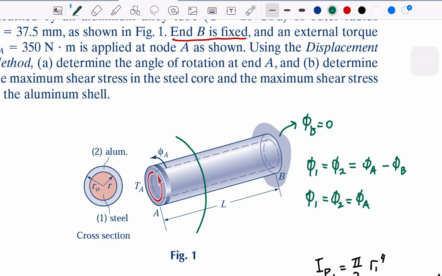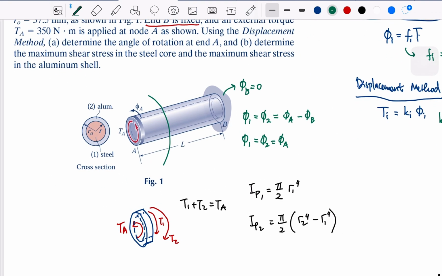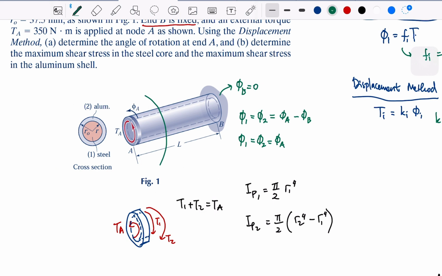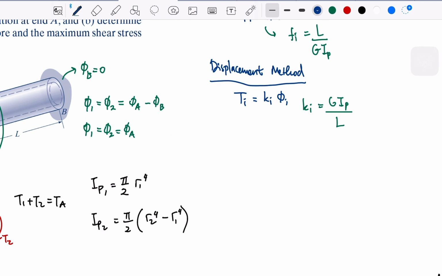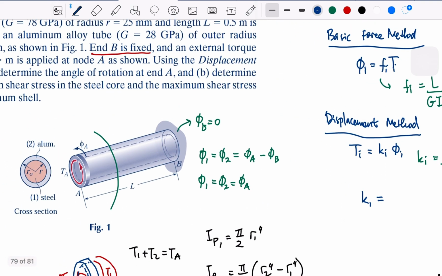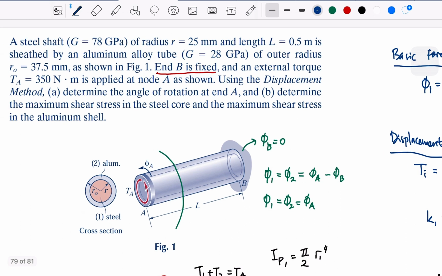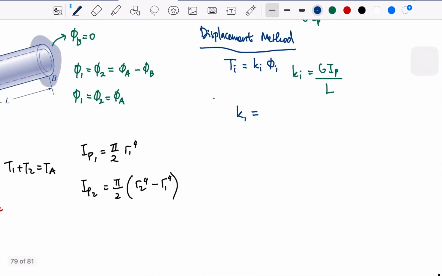Now, because we already have all the components we need to compute the rest, which is K, the modulus multiplied by the inertia and divided by length, we can first do the first material. The first material is steel.